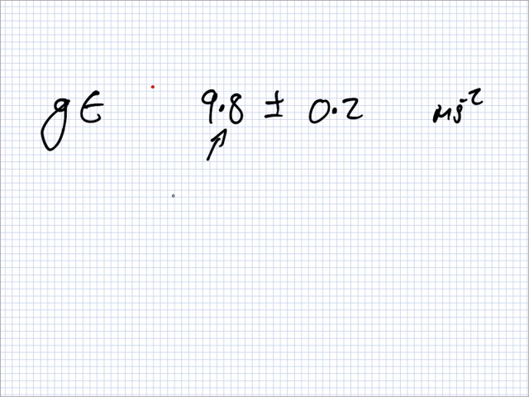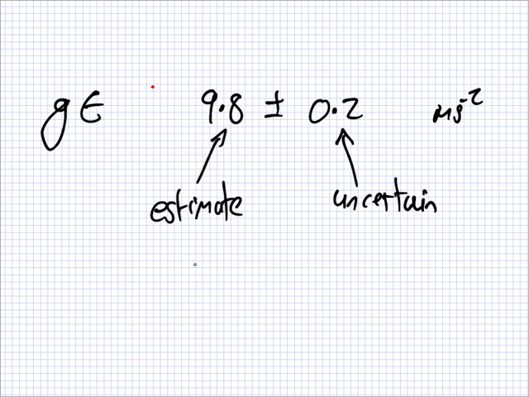So this here is your estimate, and this here is your uncertainty, how uncertain you are. So we usually put a little symbol, G bar, to mean your estimate, and the uncertainty is delta G, and this one here is the true value.